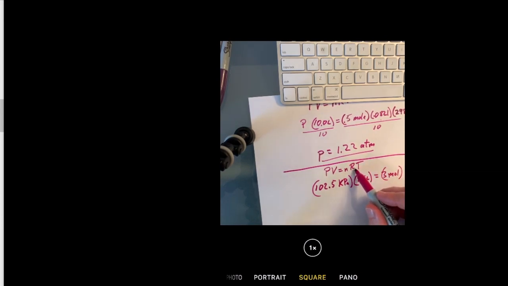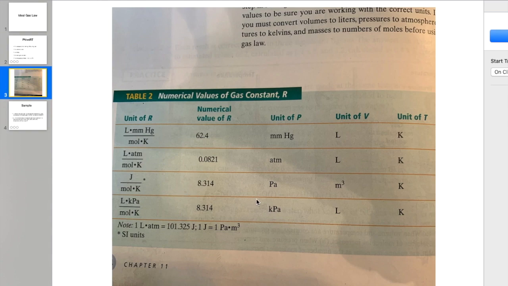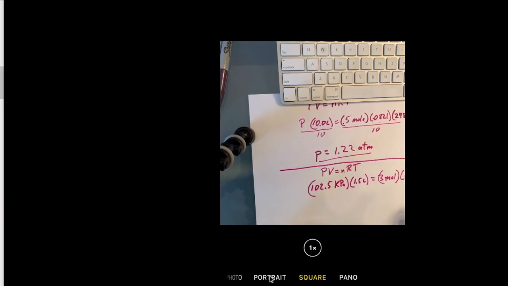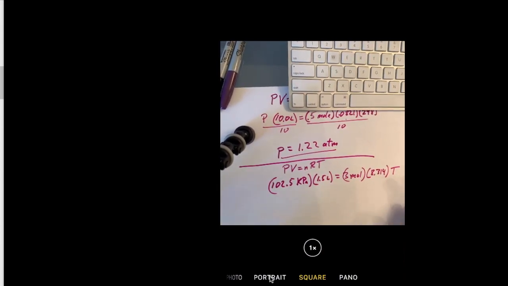The R value, well, let's go back and look. R value for kilopascals is 8.314. And we're looking for temperature.